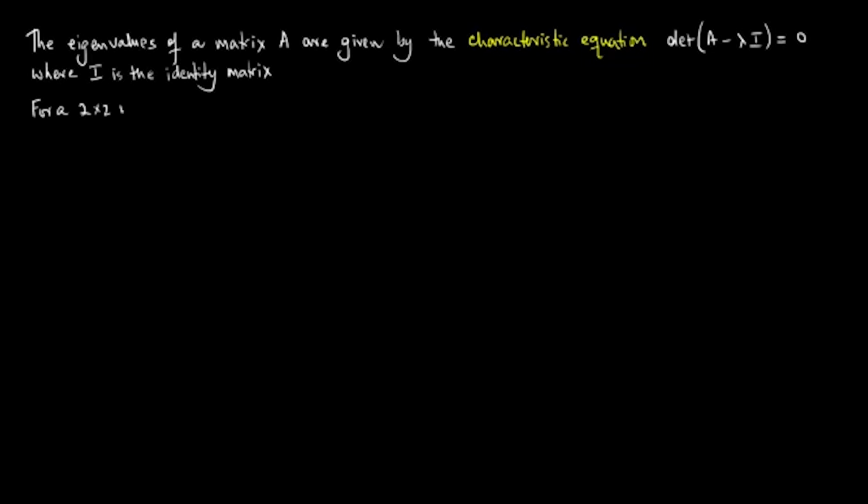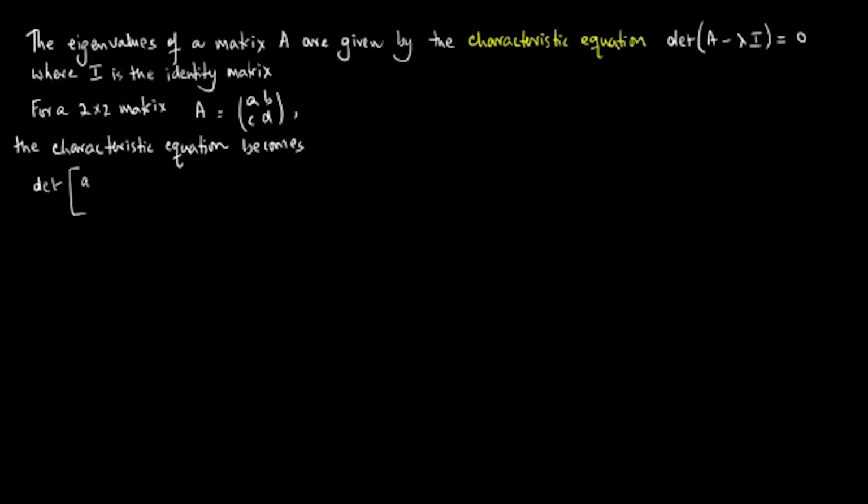So for a 2 by 2 matrix A with entries a, b, c and d, the associated characteristic equation becomes the determinant of a minus lambda, b, c and d minus lambda is equal to 0.